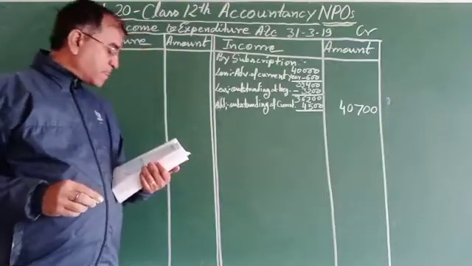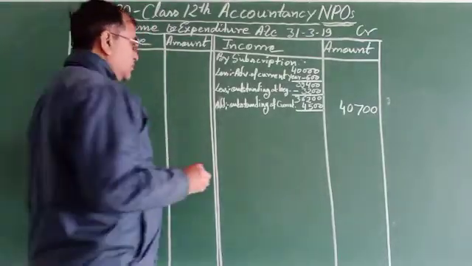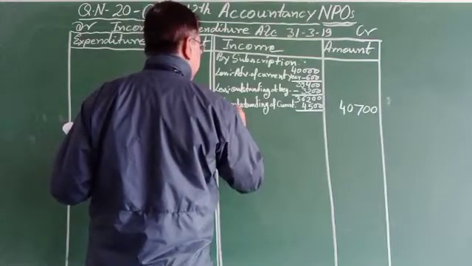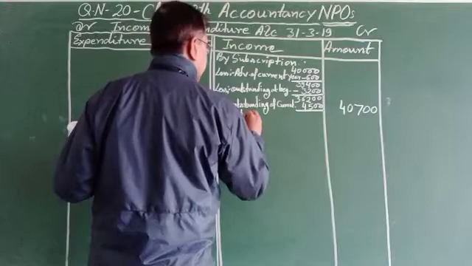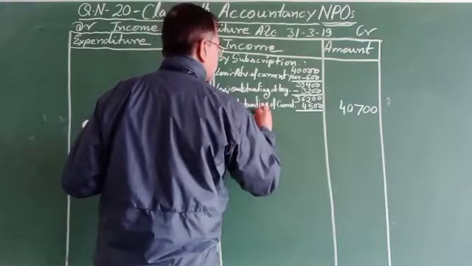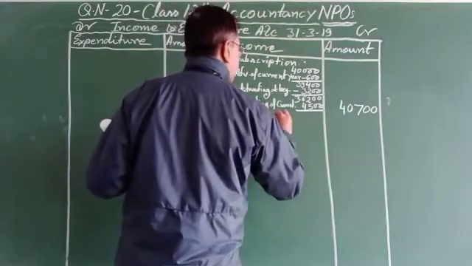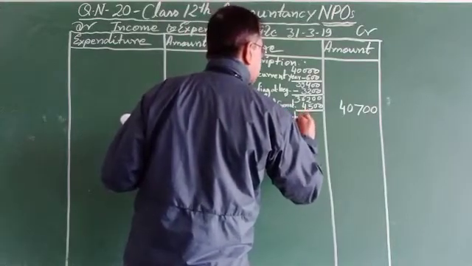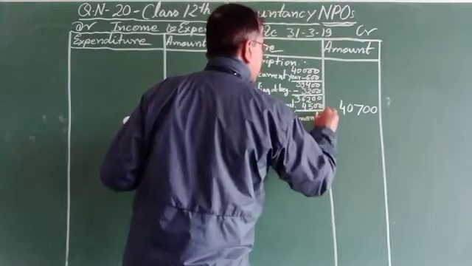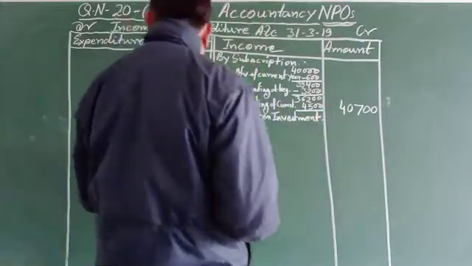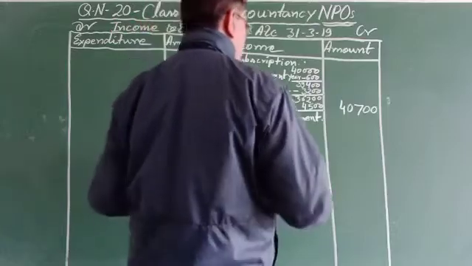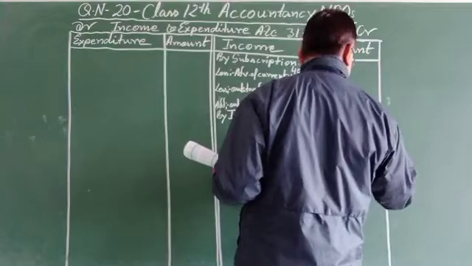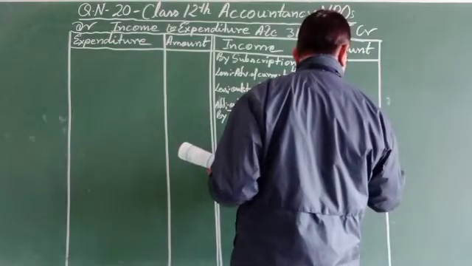Then after, by interest on investment, 6,000.